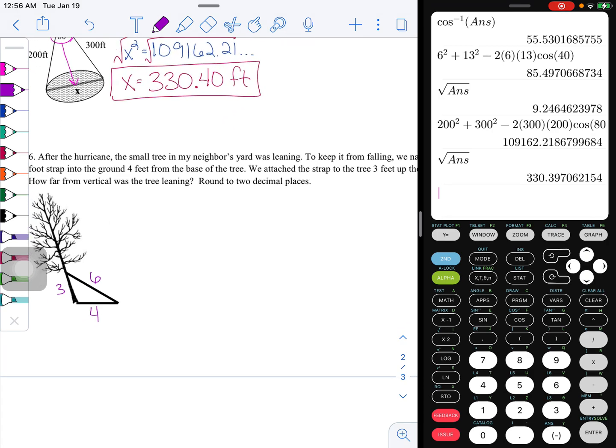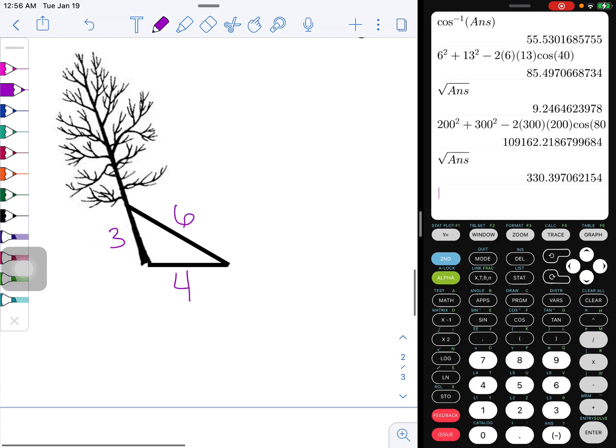Okay, I'm going to zoom in on the picture for this part because I filled in the 3, 6, and 4. Now, what we want to be careful about is when we're asking how far from vertical, the tree is supposed to make a right angle with the ground. It currently does not. So what I'm asking for is this little itty bitty angle right there.